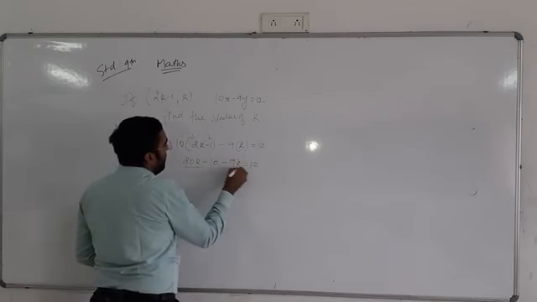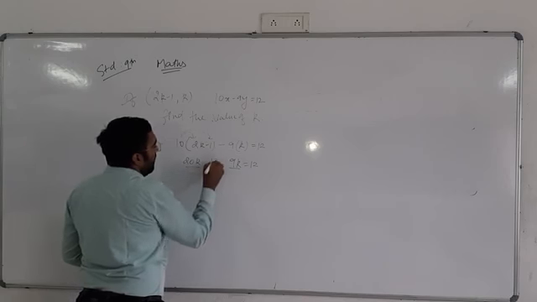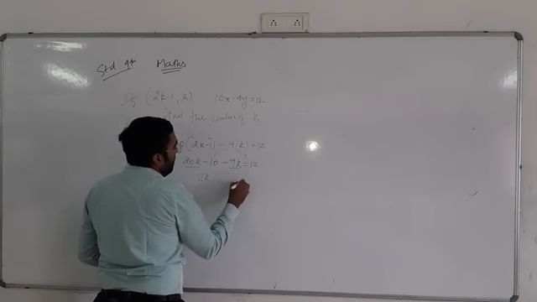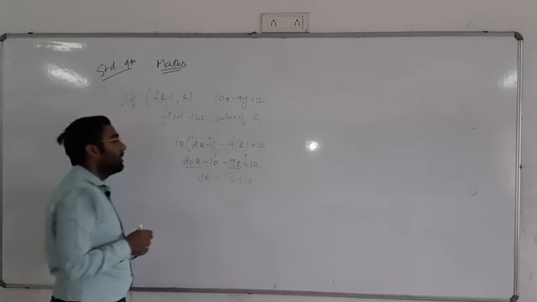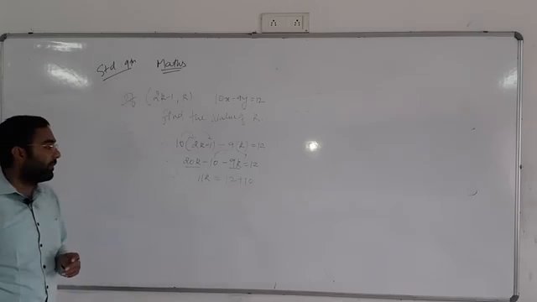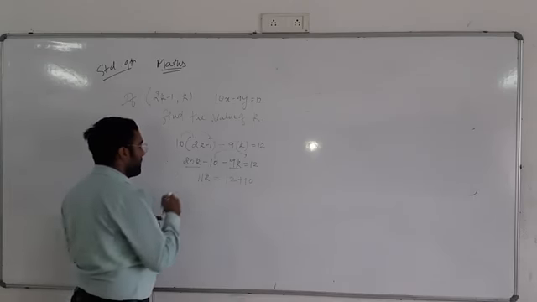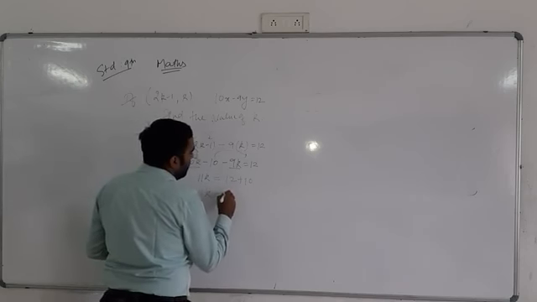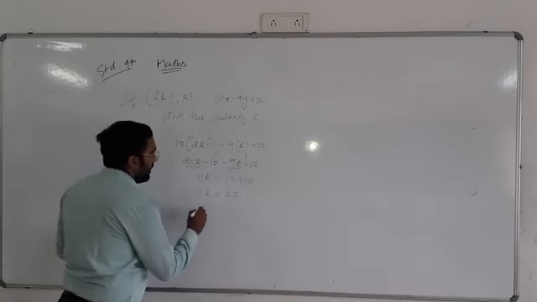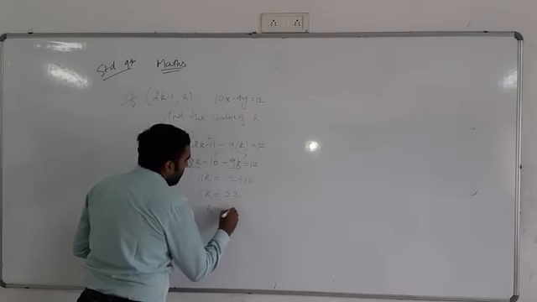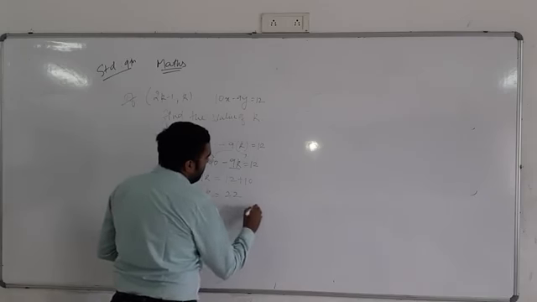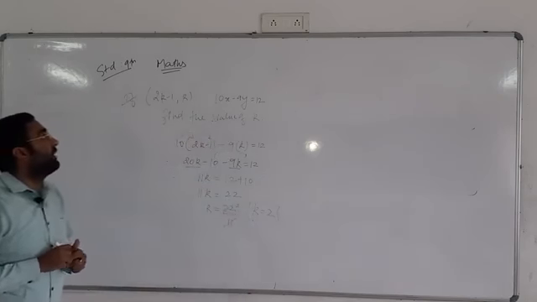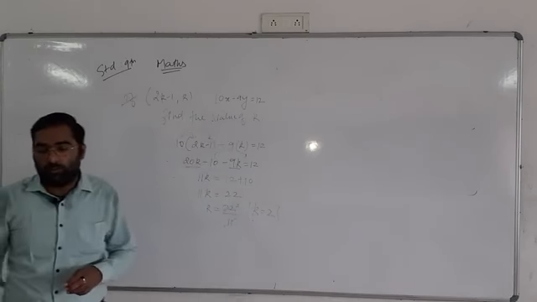Therefore 20k - 9k is 11k, and 10 shifts to the other side, that is 12 + 10. So 11k = 22. Now what is the value of k? That is 22 by 11, which is 2. The value of k is equal to 2.